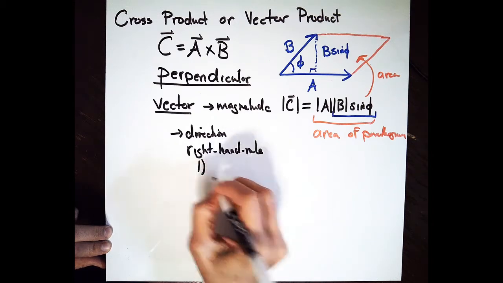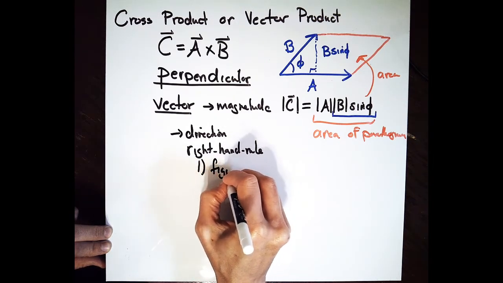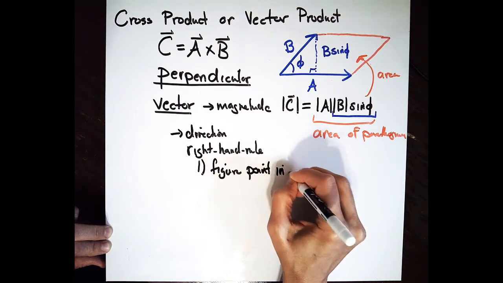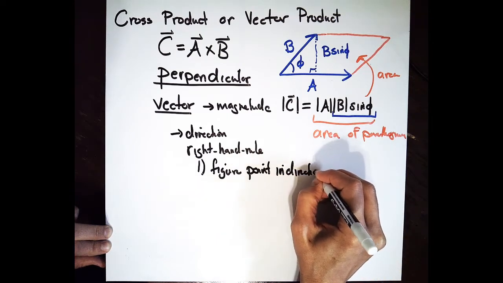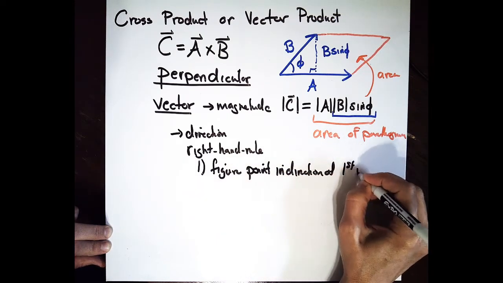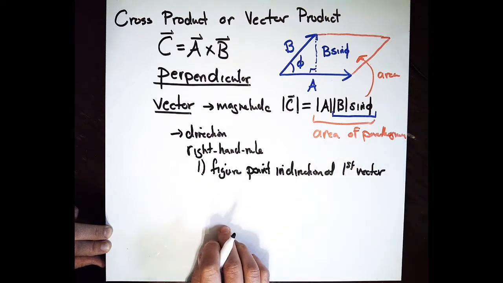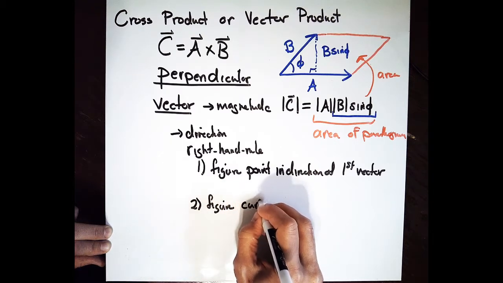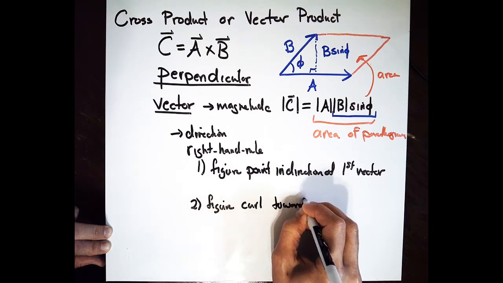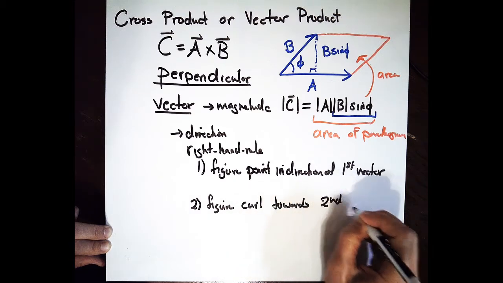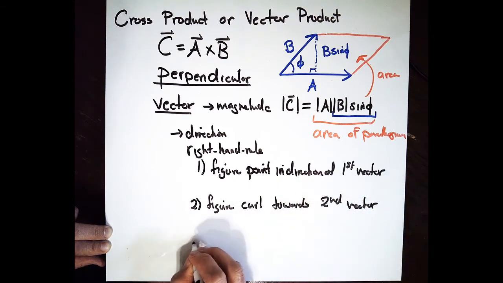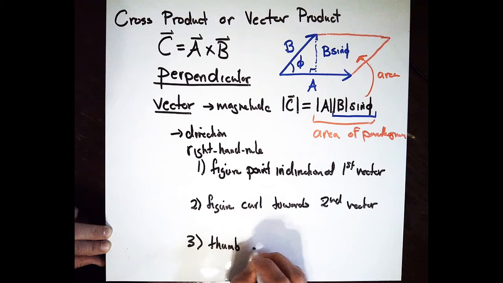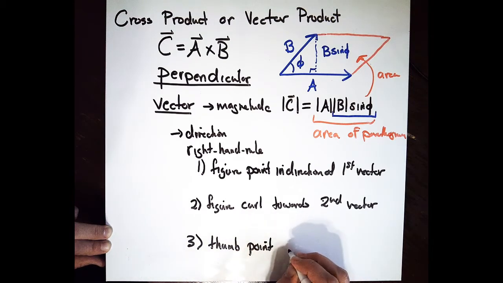So first thing you do, the fingers of your right hand are going to point in the direction of the first vector. And then once you've done that, your fingers are going to curl towards the second vector. And once you've got that taken care of, then your thumb points in the direction of the cross product.